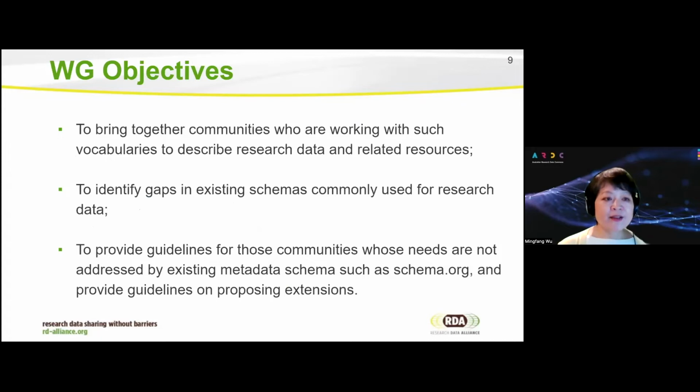With that motivation, this group was set up to bring together communities who are working with such vocabularies from schema.org to describe research data and related resources. We are trying to identify gaps in existing schemas commonly used for research data.